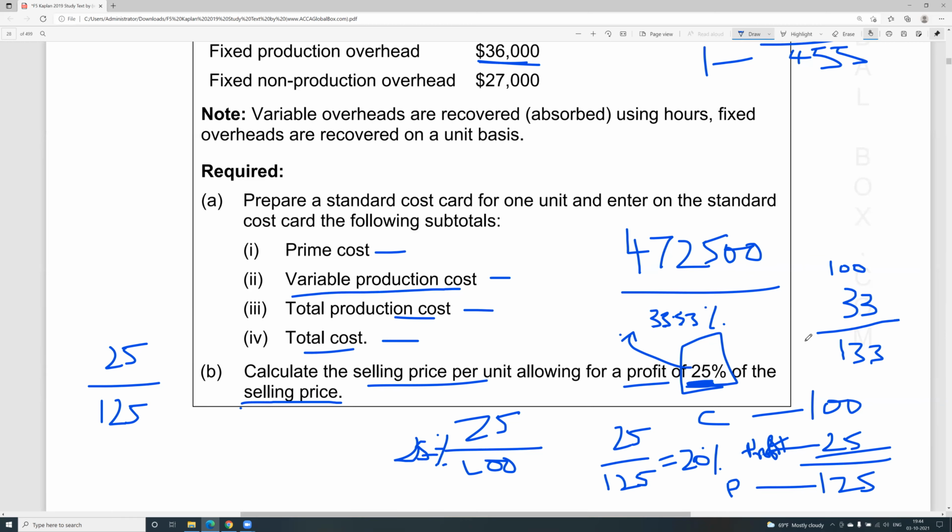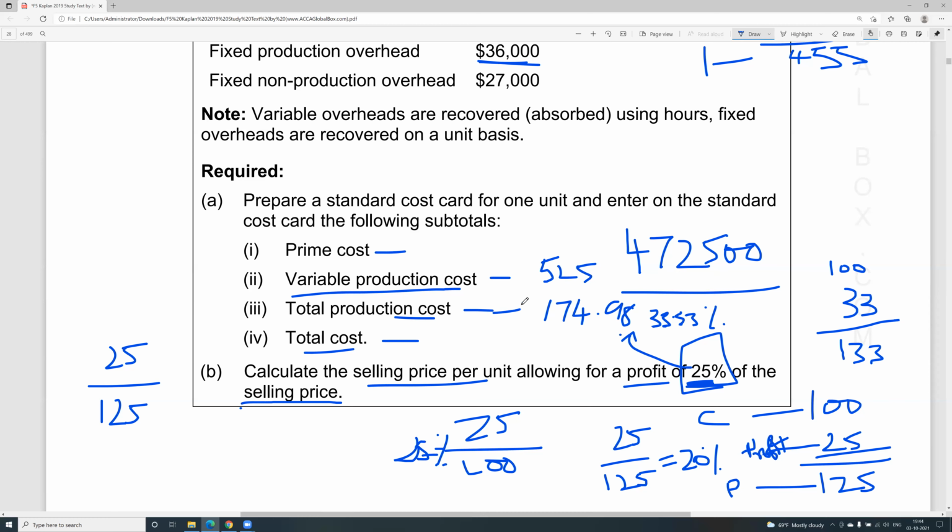To get that, if you multiply 472,500 by 33.33 percent, it is 157,484.25. If I divide it by 900 units, it is 174.98. Now, what's my cost price? 472,500 divided by 900 units is 525.